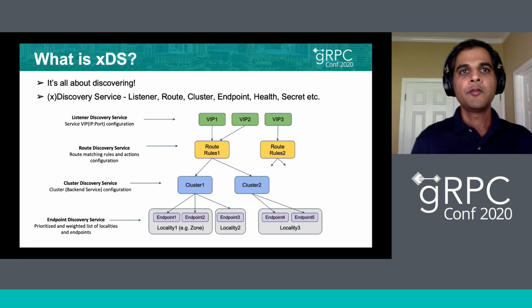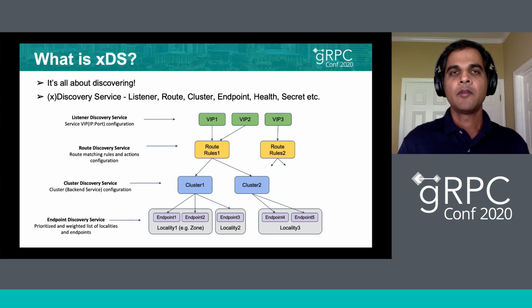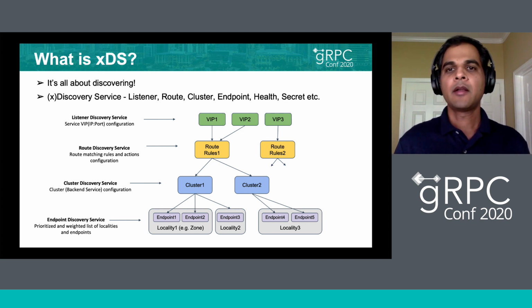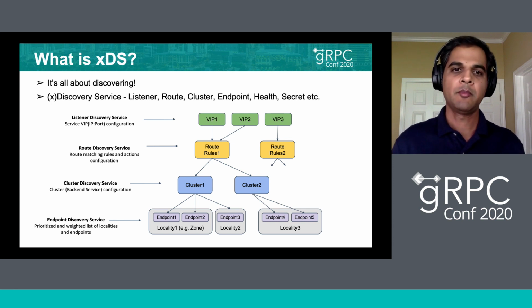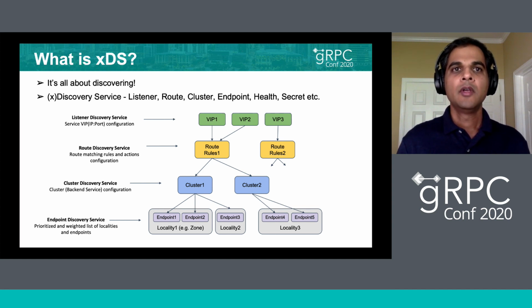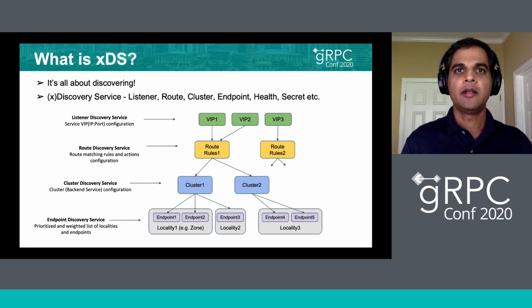So I'll give you a quick overview of what xDS APIs are. These are a collection of APIs to discover various resources in a service mesh. Hence the name xDS, where x stands for the type of resource, like a listener, a route, a cluster, or an endpoint. There is a lot more to xDS APIs than what I'm showing in this diagram, but I'll keep it simple here.